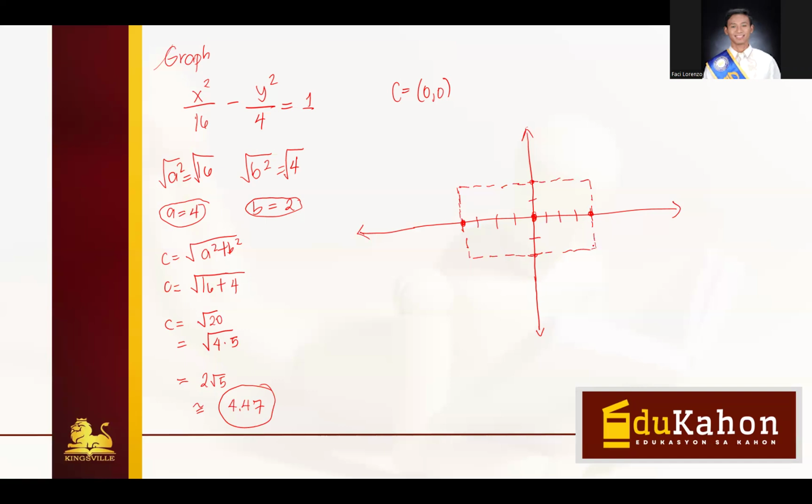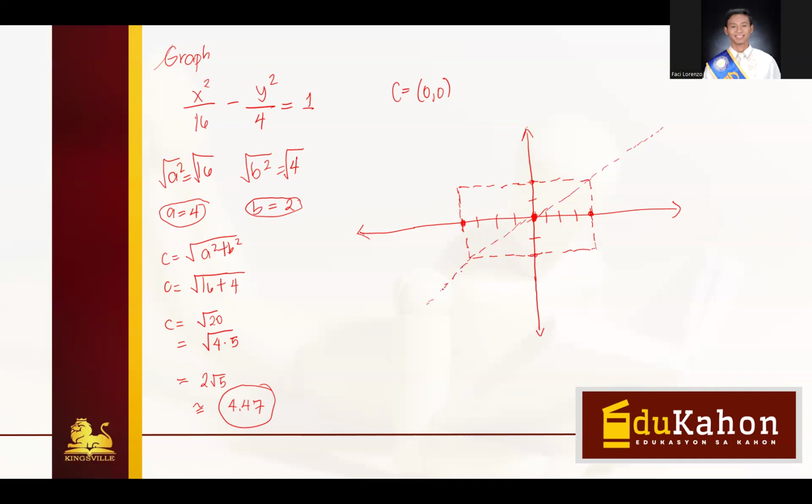Okay, if we are done constructing this one, we will try to make a diagonal line using the center of your hyperbola. So this is what we call now the asymptotes. So this will serve as the boundaries of your graph for your hyperbola.